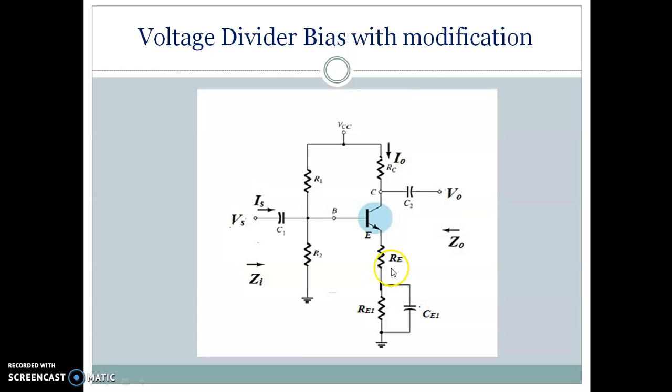It will not bypass the effect of RE. So when an AC signal is applied, it flows through RE, and coming here, it takes this path and bypasses RE1. That is the modification done to the self bias. This is one of the things to study.